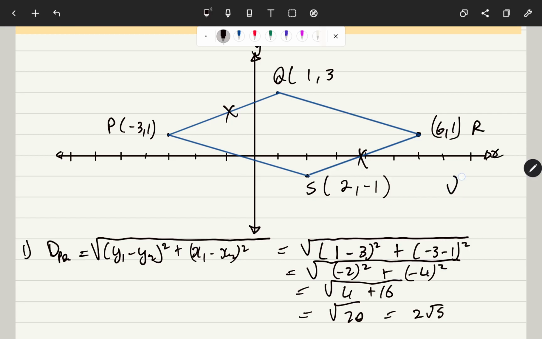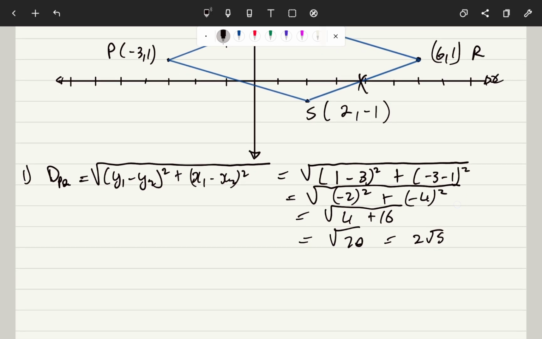Remember, 20 is the same as 4 times 5, which is square root of 4 times square root of 5, which is 2 times square root of 5. So yeah, that's the distance for PQ.